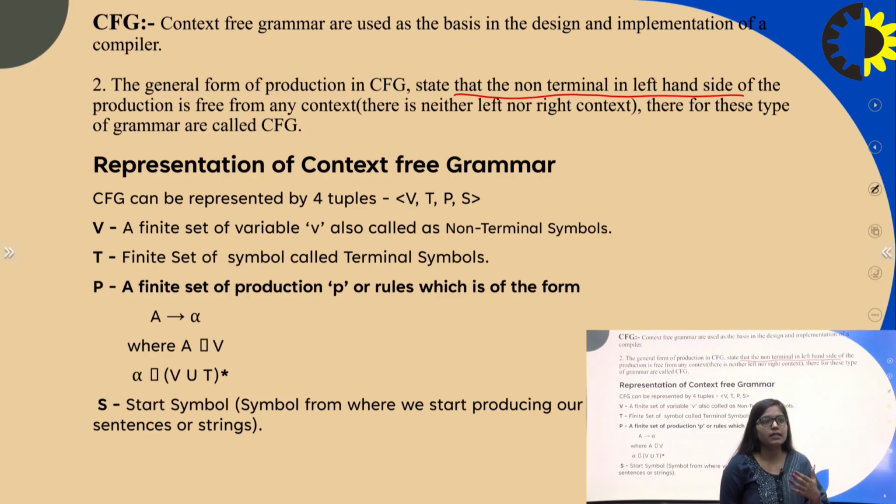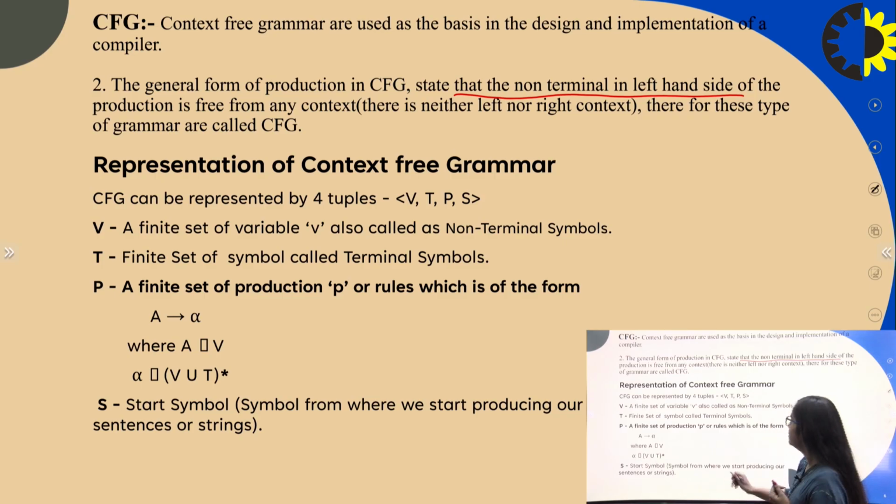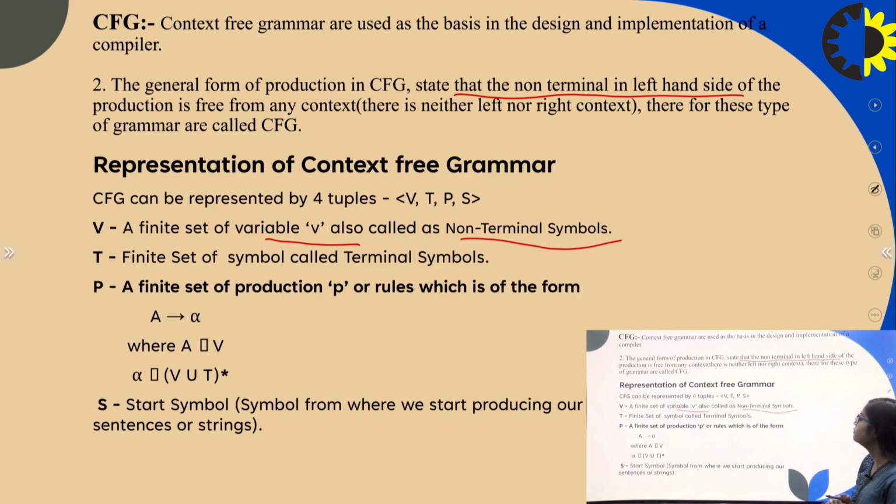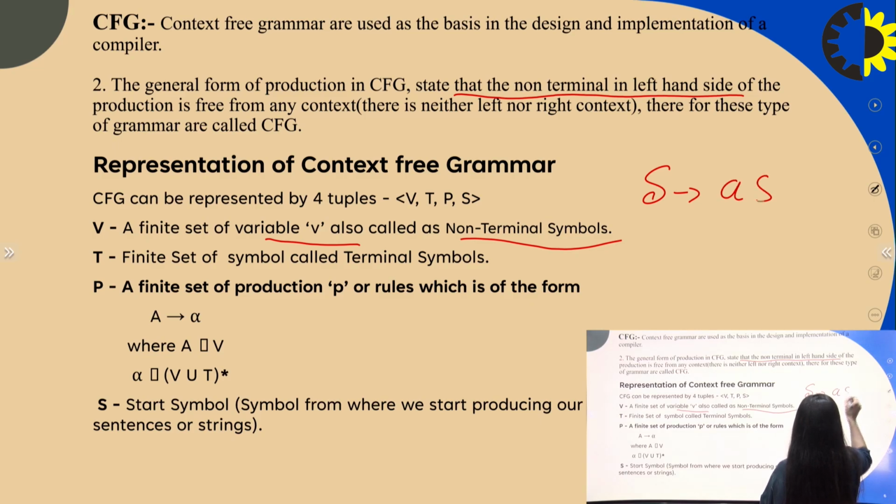Context-free grammar is represented by 4 tuples: first is V, second is T, third is P, and fourth is S. V is a variable, also called non-terminal symbols, for example S going to ASB.